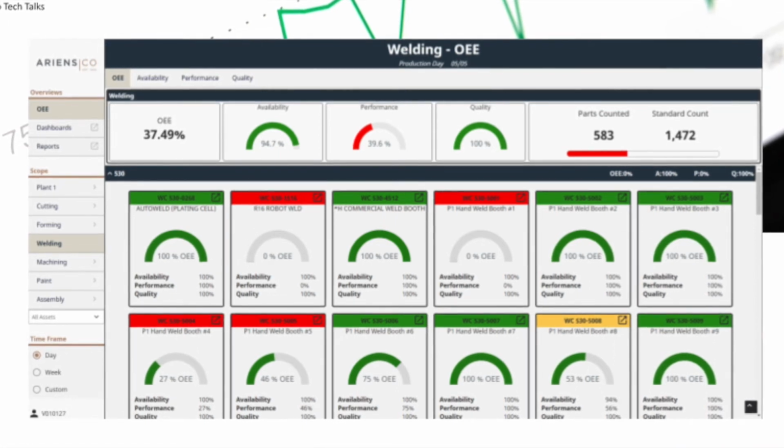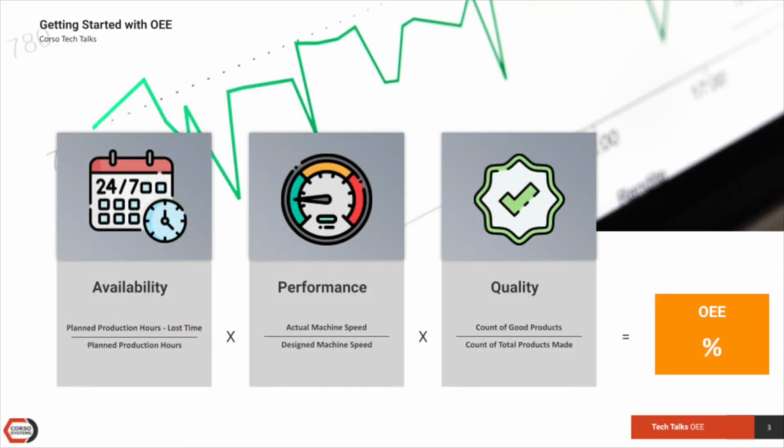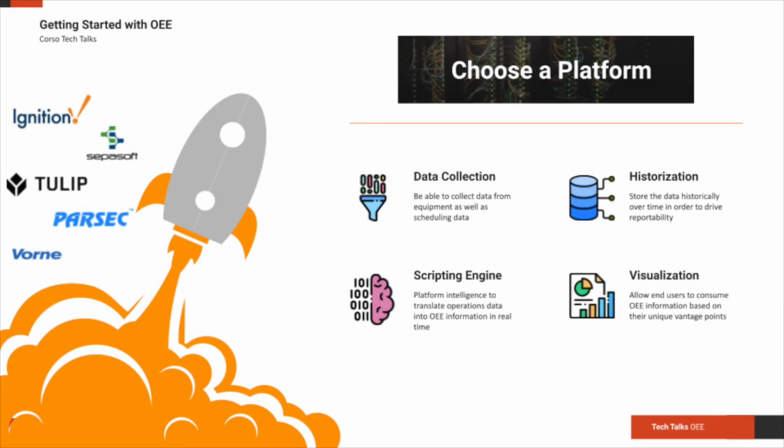All right, so now that we understand how this OEE number is calculated mathematically, let's shift gears into talking about how we can actually get started in building a system to collect, store, and display this valuable data. We're going to start with a platform, right? This is the skeleton that we need to provide the foundation for all of this data flow.